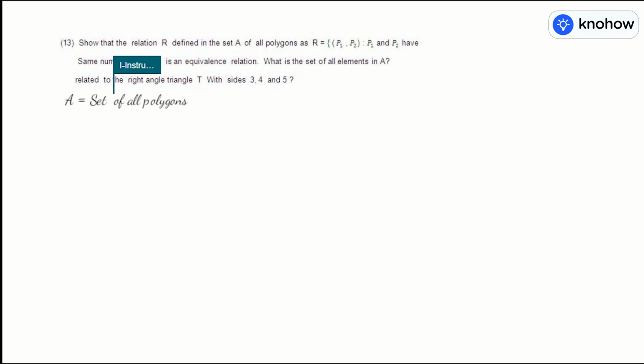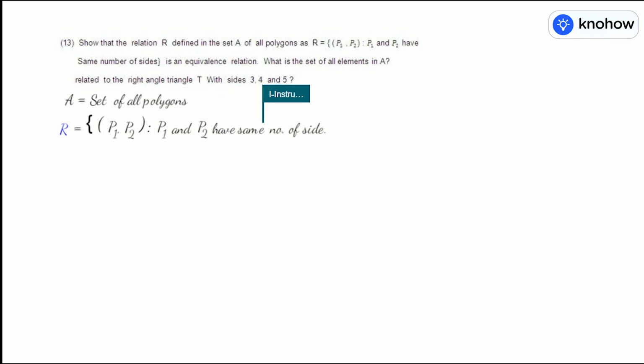The relationship is that two polygons P1 and P2 are related, P1 related to P2, provided P1 and P2 have the same number of sides. Okay, so we have first of all to prove that it is an equivalence relation.